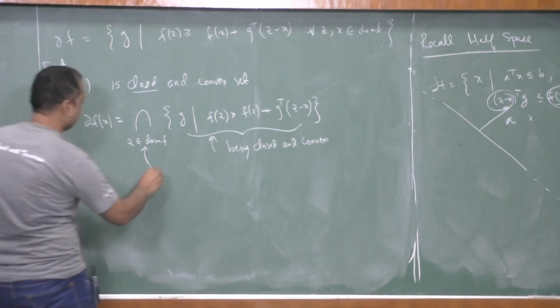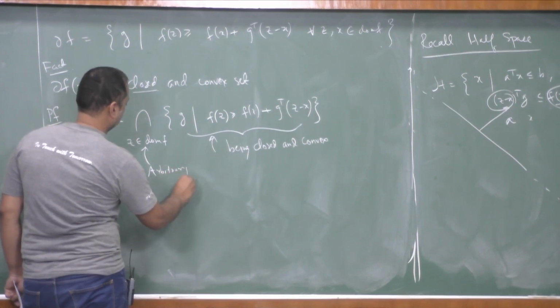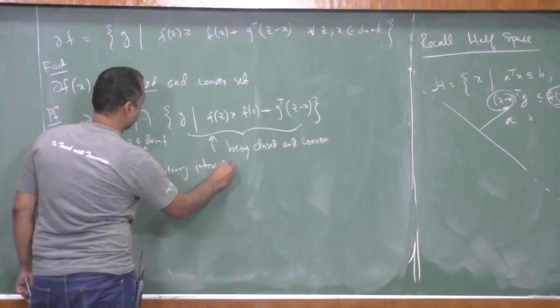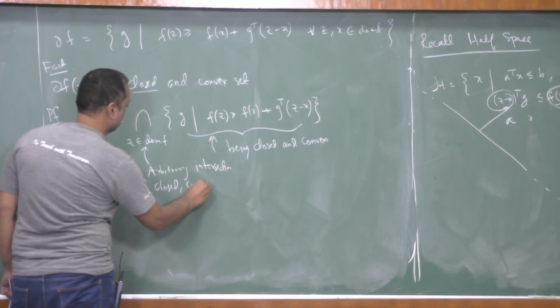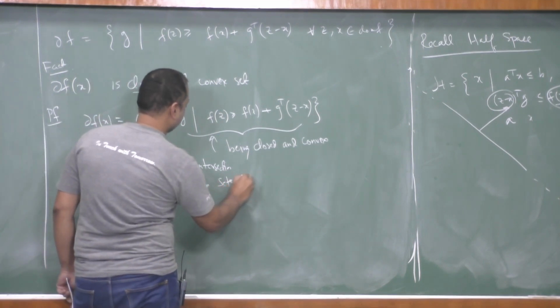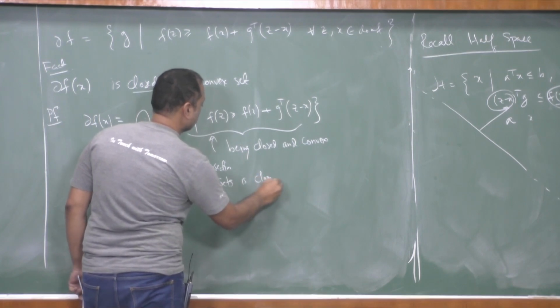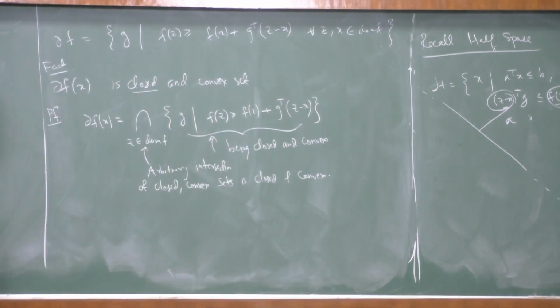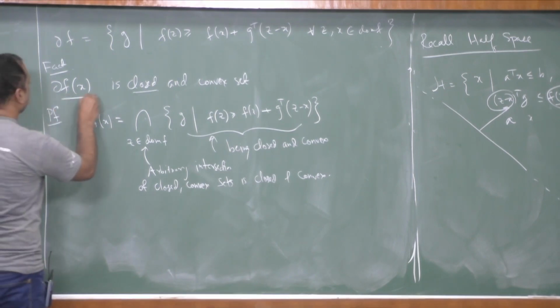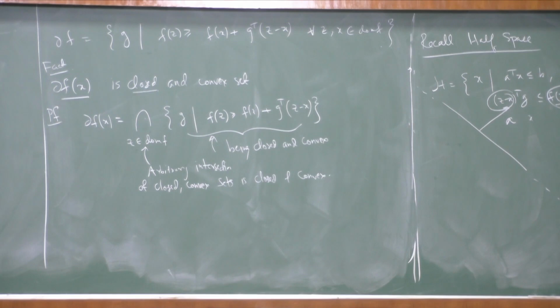So an arbitrary intersection of closed convex sets is closed and convex. Okay. So we use the fact that an arbitrary intersection of closed sets is closed and convex is also convex, and so this tells us that the subdifferential set is a convex set. Okay, it's necessarily a convex set.